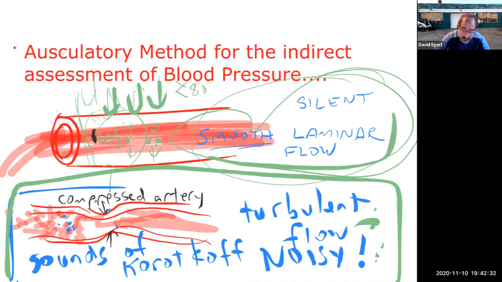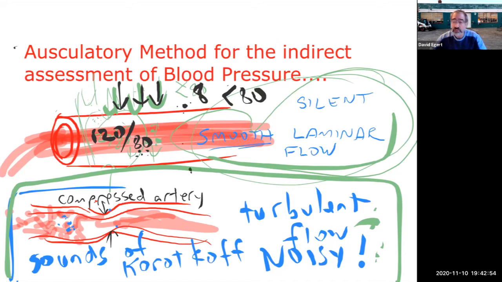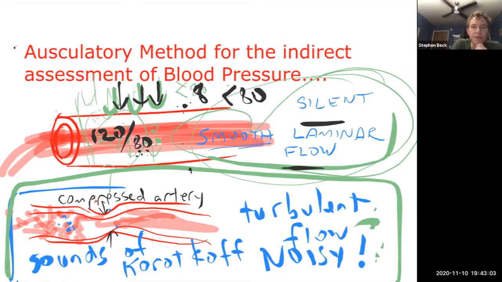So let's say our blood pressure is 120 over 80. If the pressure outside is still greater than 80, there'll be some compression and we'll hear the sounds. Once the pressure outside here is now less than 80, there is no compression on the vessel anymore. And now we're in this silent laminar flow again. So does that make it clearer? Yeah, that does. Okay.